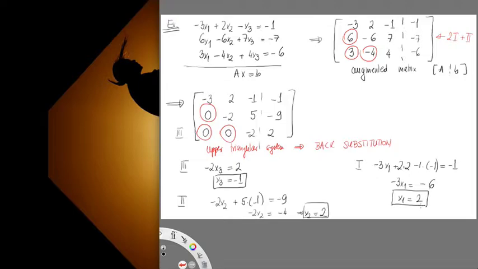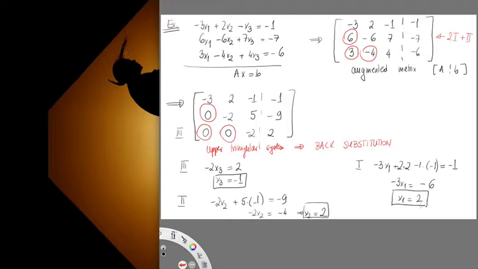Plug it in. I suggest plug it into one of the equations. So which one are you plugging in? First one? So minus 3 times 2 minus 6 plus 4 is minus 2. Minus minus 1 is minus 1. Works out.